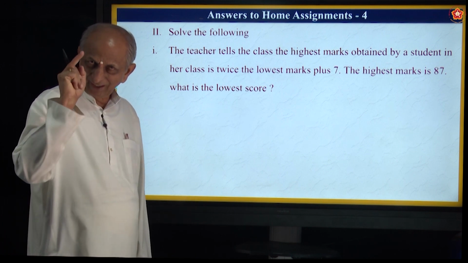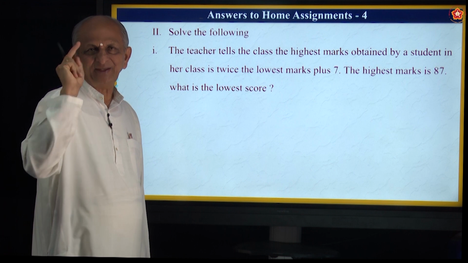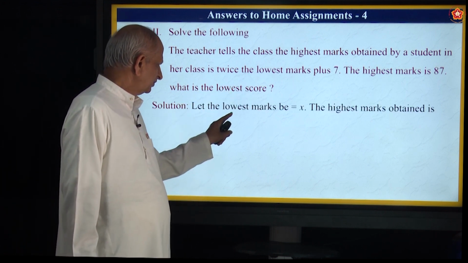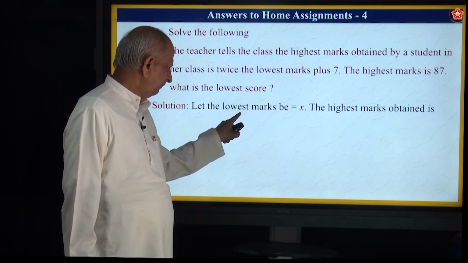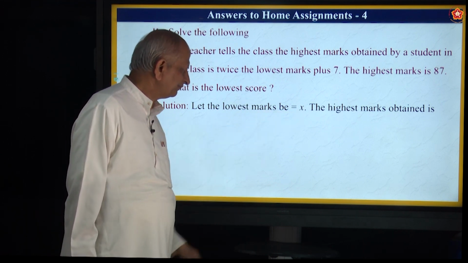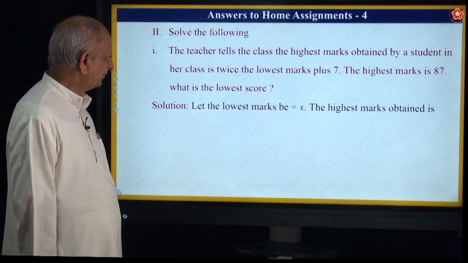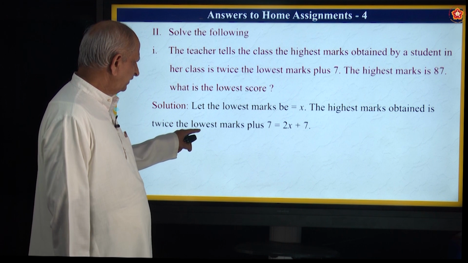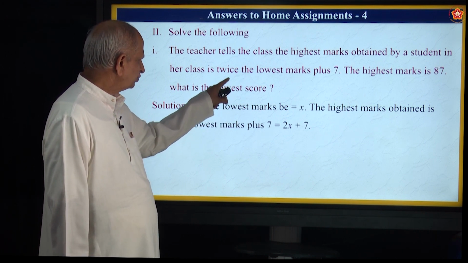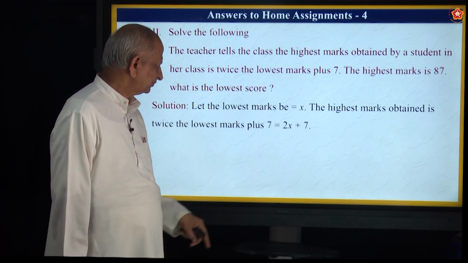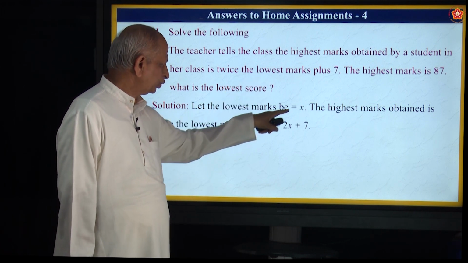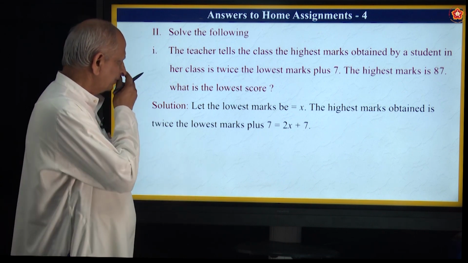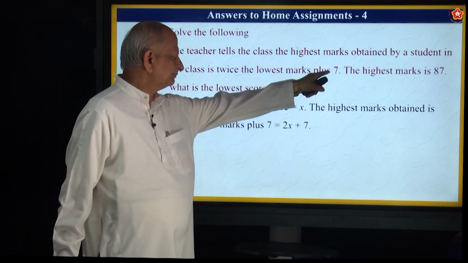Whatever question they ask, you must take it as x. So here lowest mark is asked. Lowest marks be x. So highest mark is obtained by twice the lowest marks plus 7. So twice the lowest means what? 2 times lowest, 2 into x, 2x, and plus 7.